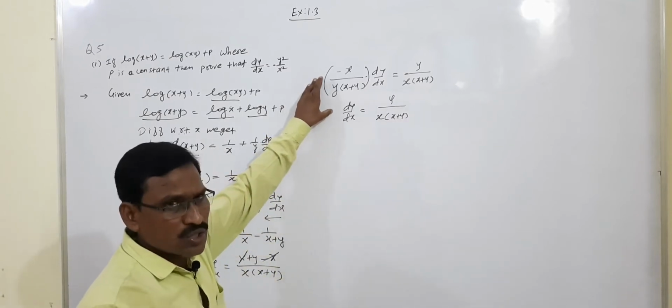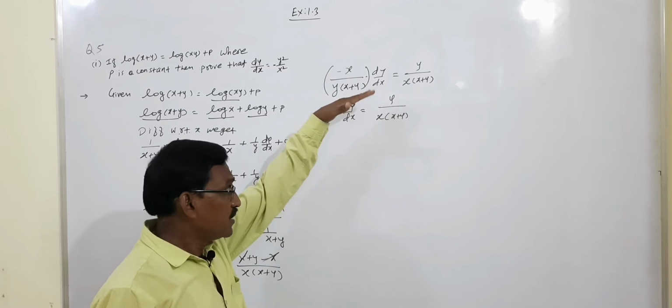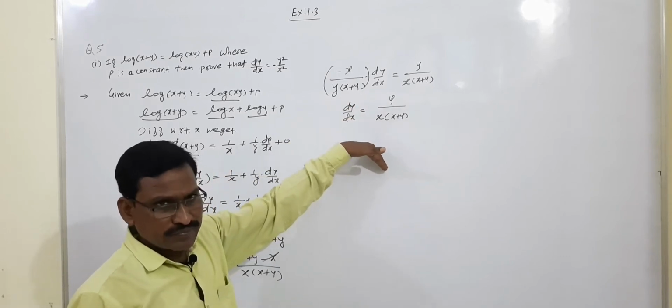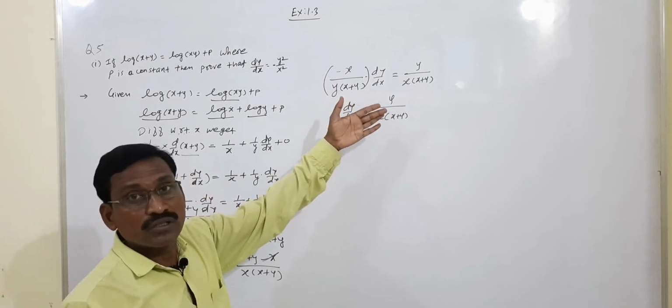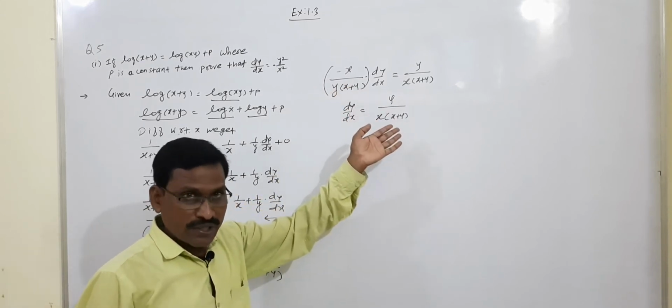When we take the total bracket to the right hand side, it is in division to this term, and then we convert division into multiplication.